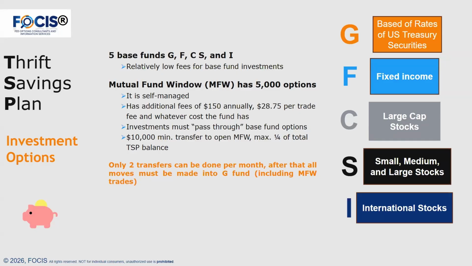Some of the rules within the mutual fund window are that employees have to have a minimum of $10,000 to be able to invest in the mutual fund window options. And they cannot have more than a quarter of their portfolio from the TSP in the mutual fund.